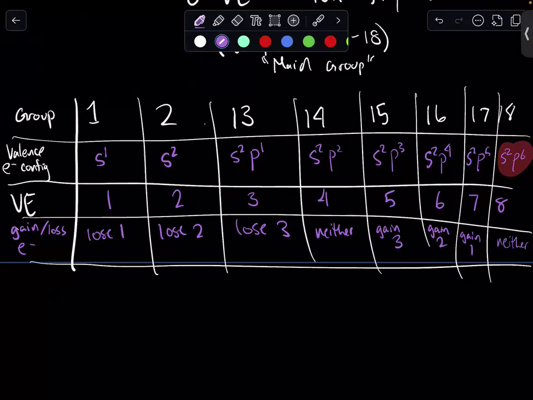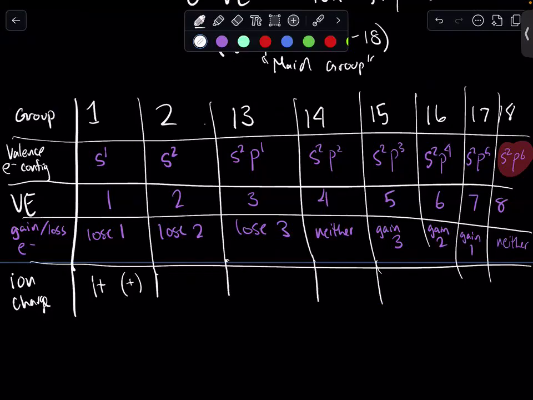It's already happy. So if we look at our last column and we talk about ion charge, losing 1 electron will create a 1 plus, which often we just write as plus. We don't usually include ones. It's kind of like putting a 1 in front of x, saying 1x when you could just say x in math terms. But 2 still becomes 2 plus, 3 becomes 3 plus.